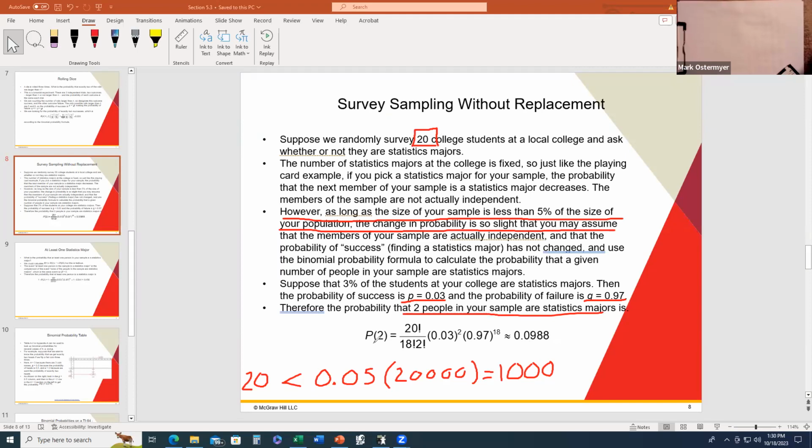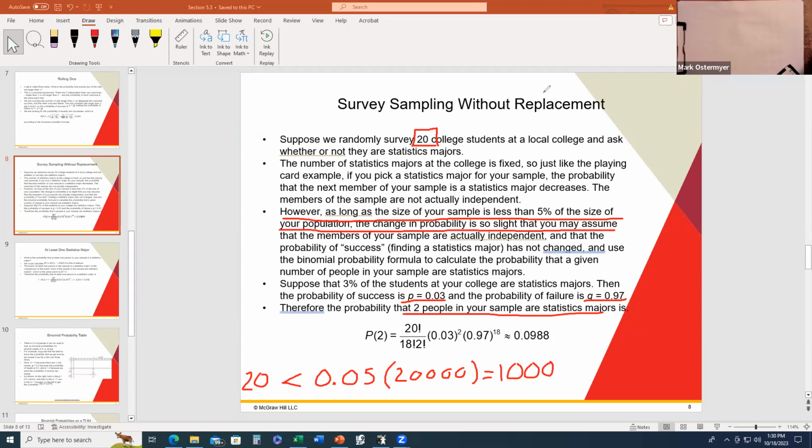So the probability of having selected exactly two stats majors of the 20 students we randomly selected can be computed according to the binomial probability distribution. And they come up with a probability of 0.0988. So there's about a 10% chance that when I randomly reach into this population of all the students on this campus, I select exactly two stats majors.